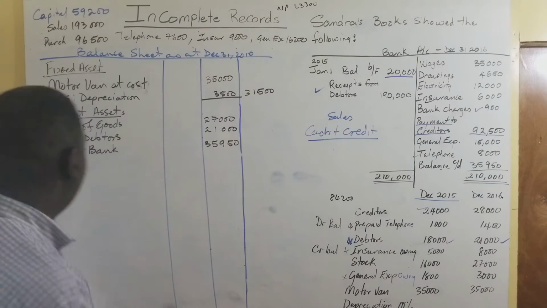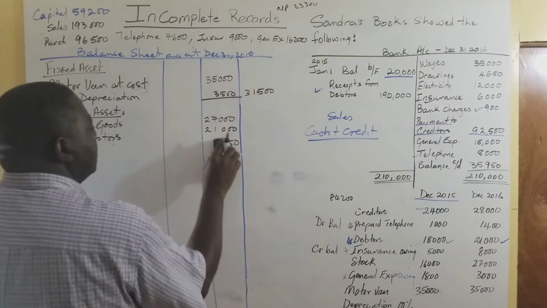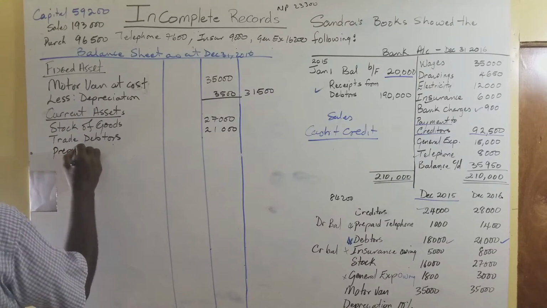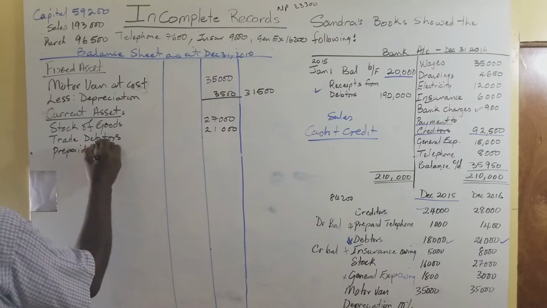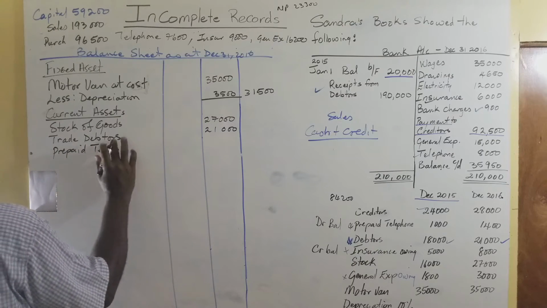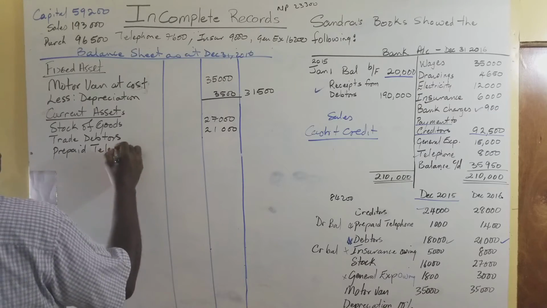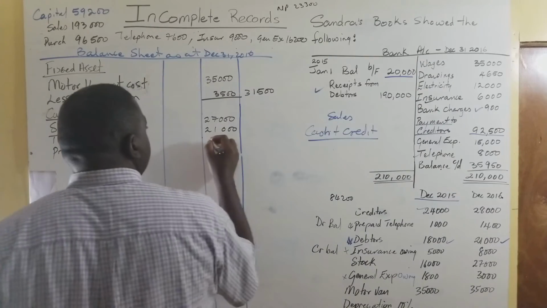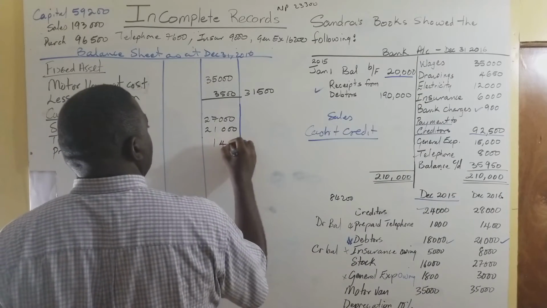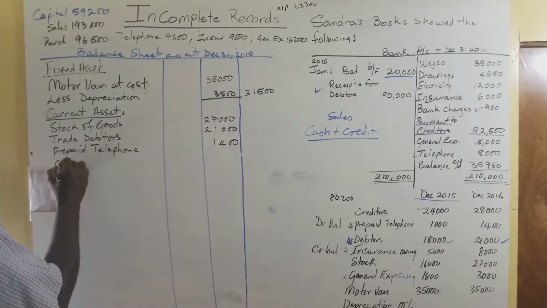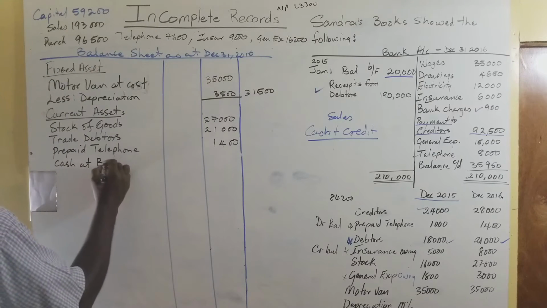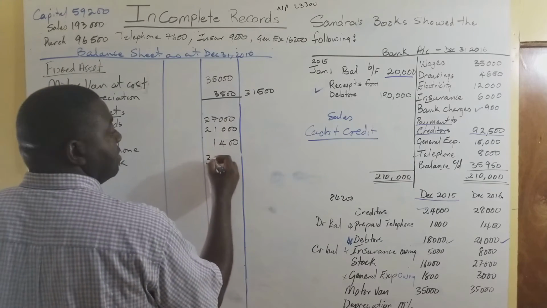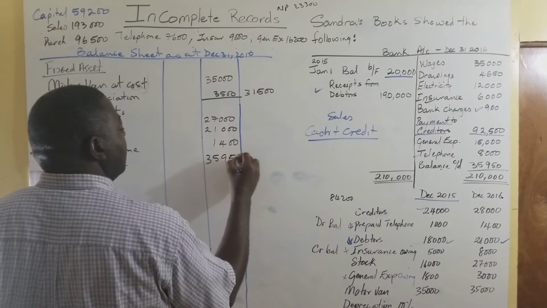Then we're moving from bank now to our prepaid. Matter of fact, we should have had that before we entered this information. That is the prepaid telephone. And prepaid telephone is 1,400. And then our cash at bank, and that is the closing figure, again I showed you, 35,950.